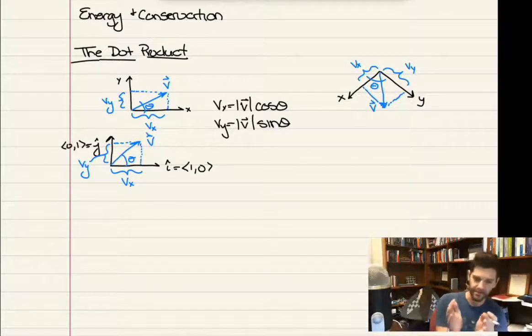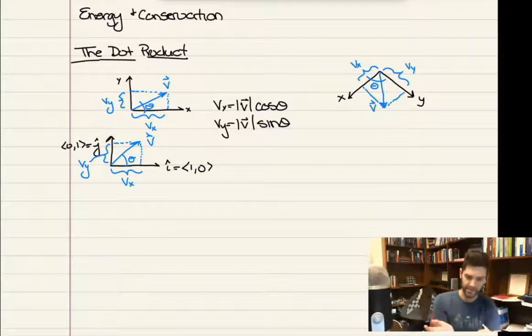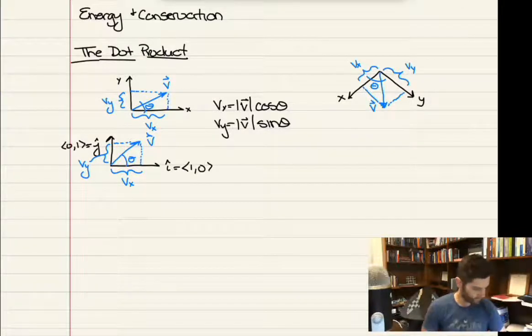How much of that vector v points in the horizontal or i direction, and how much of it points in the vertical j direction? And then we figured out that part of it points horizontally, V cosine theta, part of it pointed vertically, V sine theta, and those gave us the components that pointed in the same direction as the i vector and the same direction as the j vector.